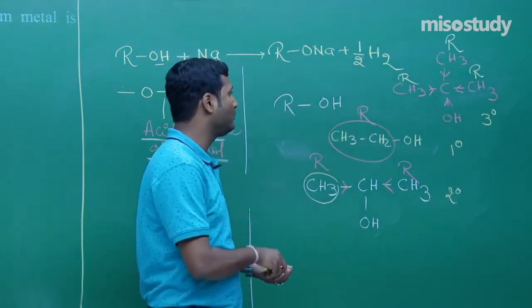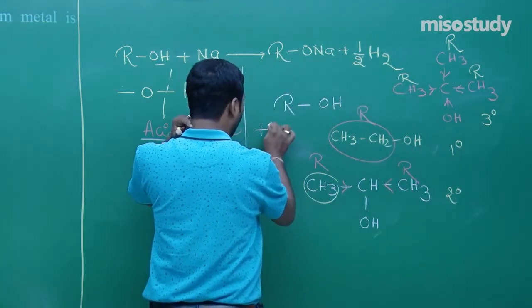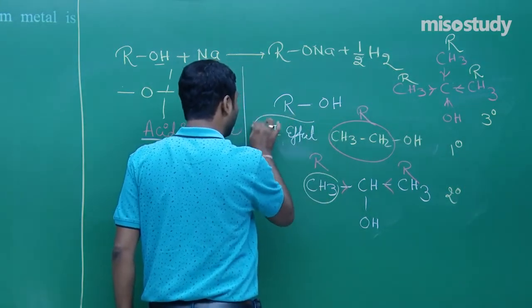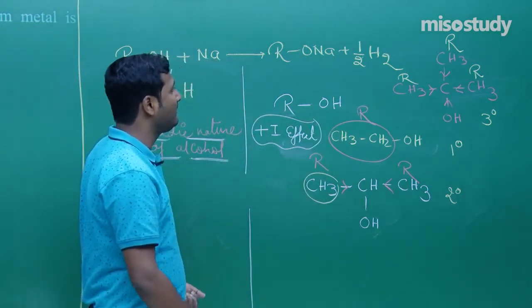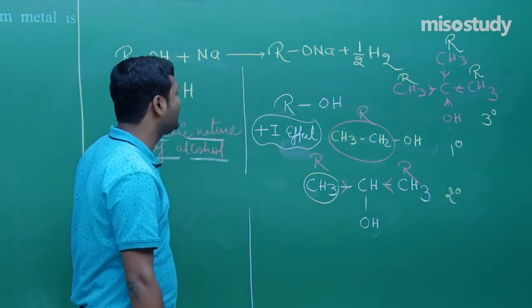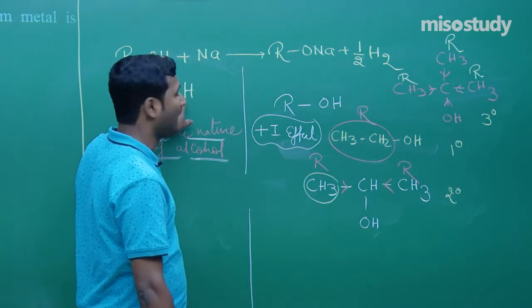As we know, alkyl groups show a plus I effect: the more the alkyl groups, the more the plus I effect. If the plus I effect, that is the electron donating effect, increases, it ultimately decreases the acidic character. That is, there is less tendency to release the hydrogen ion.